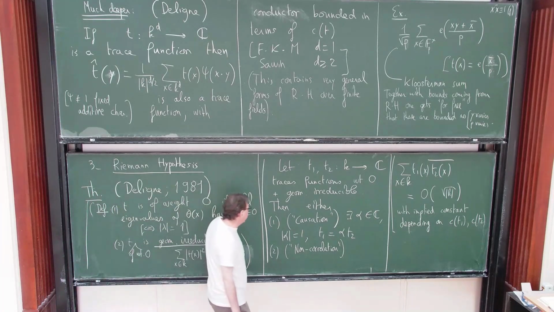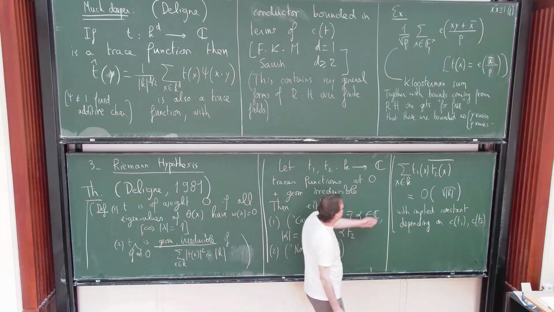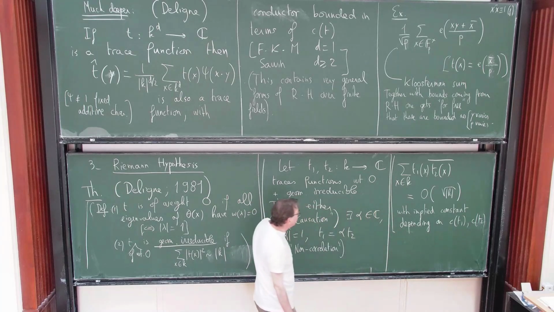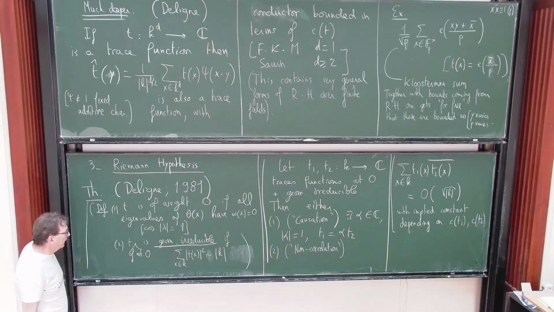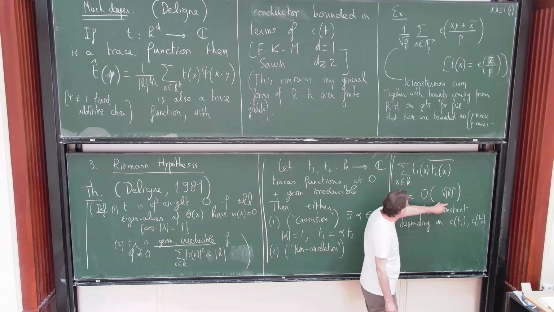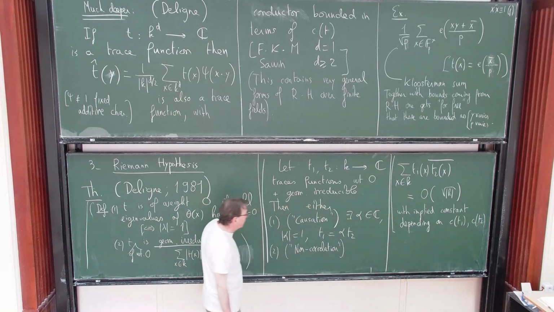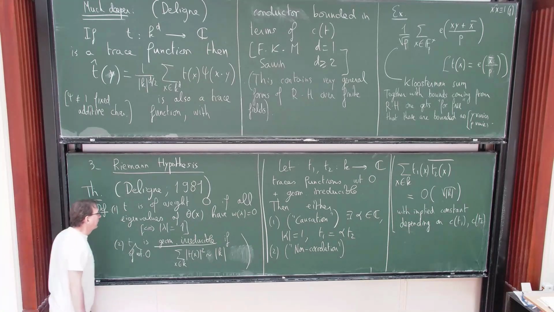So this is saying that either the two things are exactly the same, and there's perfect correlation, or there is no correlation in a very strong sense. So it's quasi-orthogonality in a very, very strong sense. Because of course you cannot do better in general than square root cancellation, which is what you get here immediately from the Riemann hypothesis.